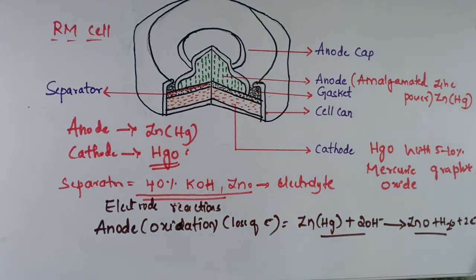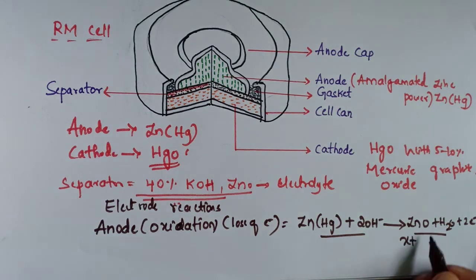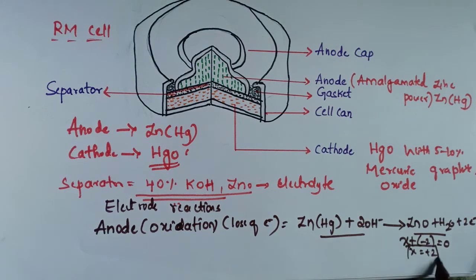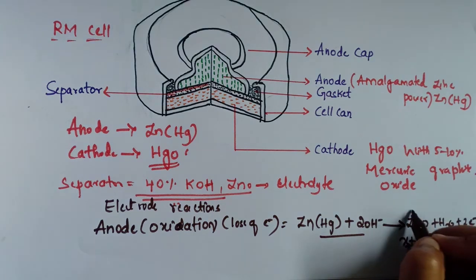See here, let's check the oxidation state. We don't know the zinc, so let's put it as X plus oxygen, which is -2, equals 0. We will get plus 2. So here it is in the state of plus 2.